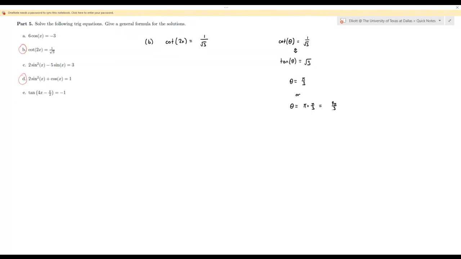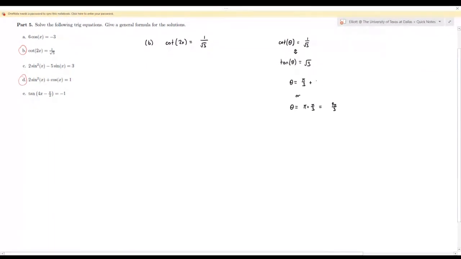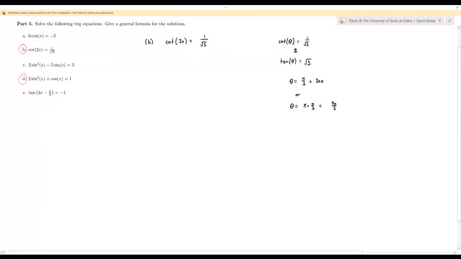Now here the instructions were to give a general formula for the solution. The idea is you have infinitely many solutions because you can keep going around the circle multiple times. So if I take the pi over 3 solution, I can add 2n pi to that to represent going around the circle multiple times.